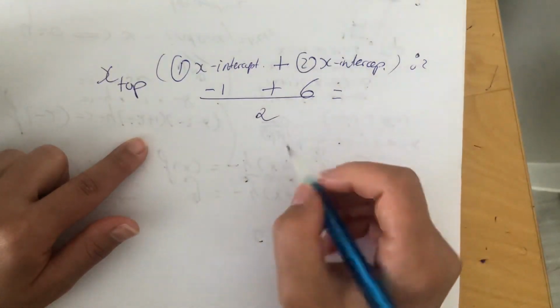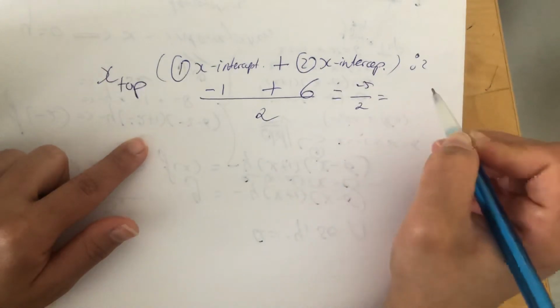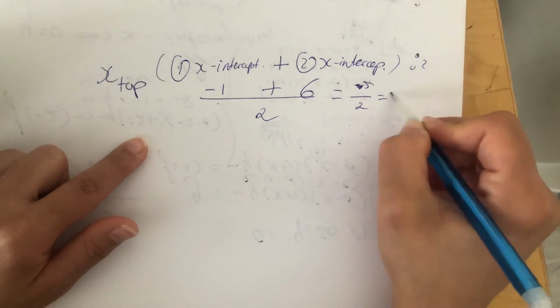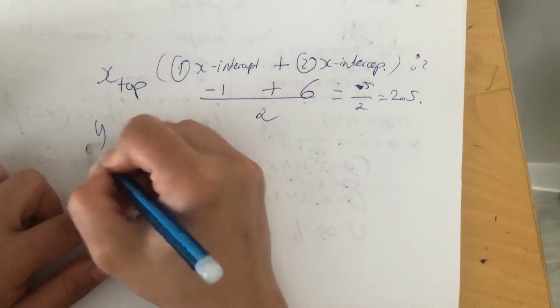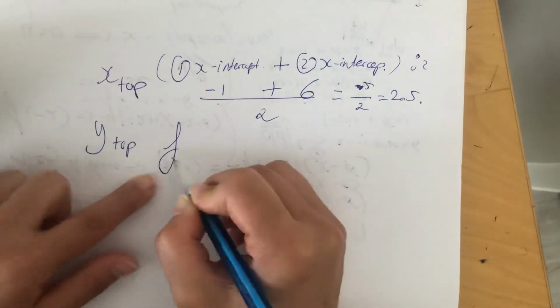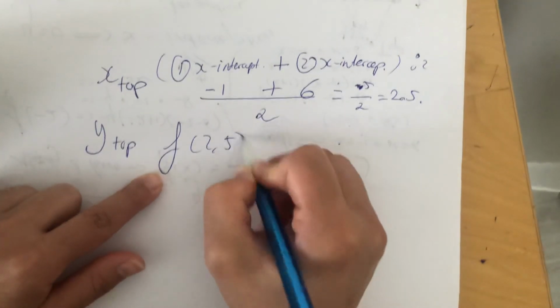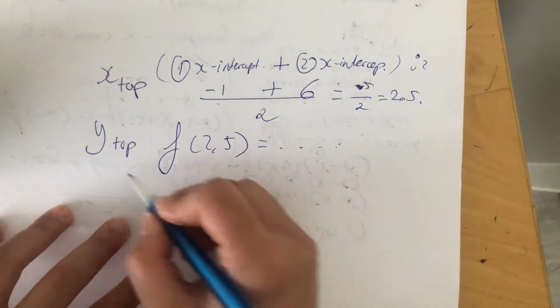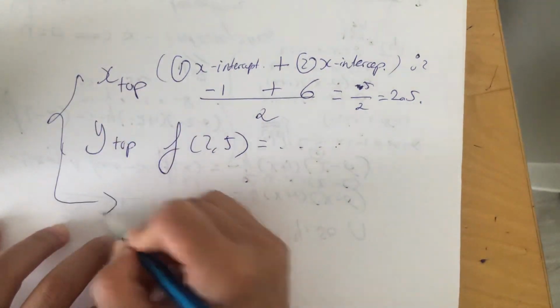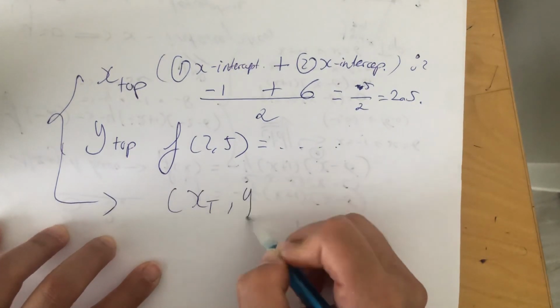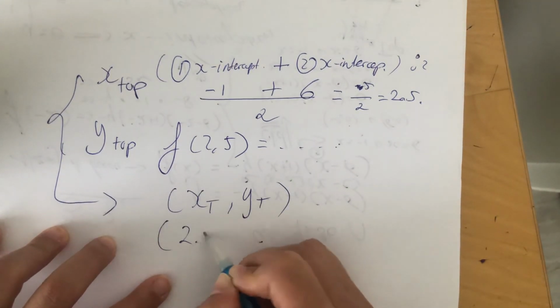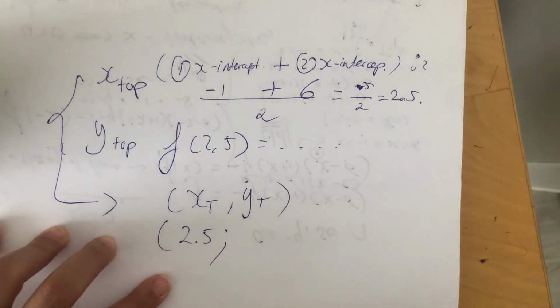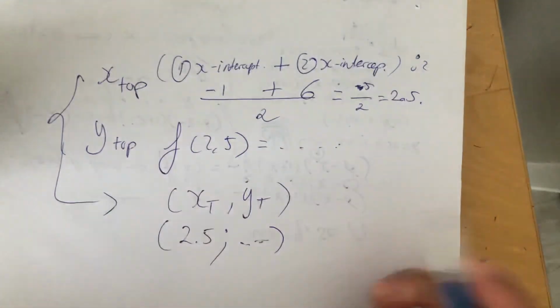Then you know that coordinate is going to be at 5 divided by 2, so 2.5. How can you find the y top? You fill in f(2.5) in the formula, and then you get something. The top coordinate is going to be 2.5 and whatever you found in here. Yes?